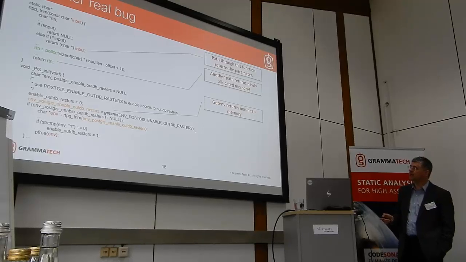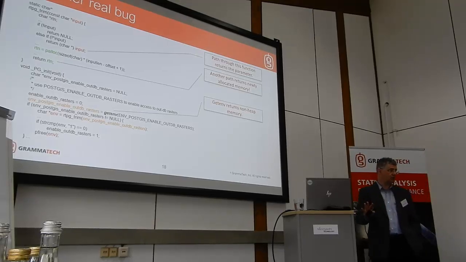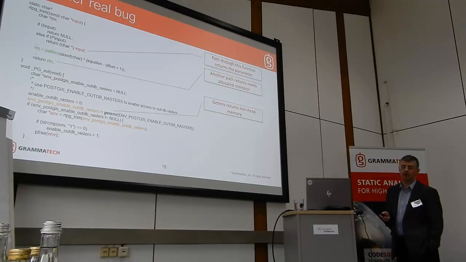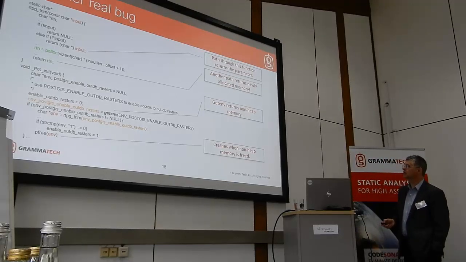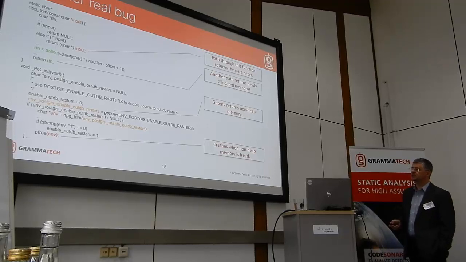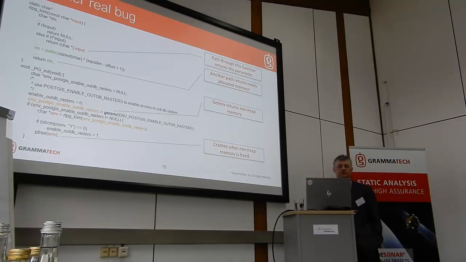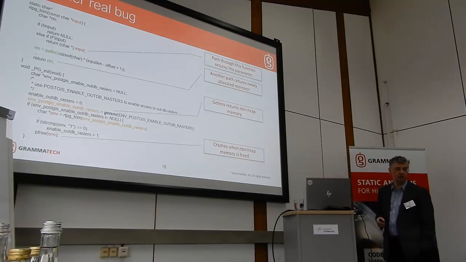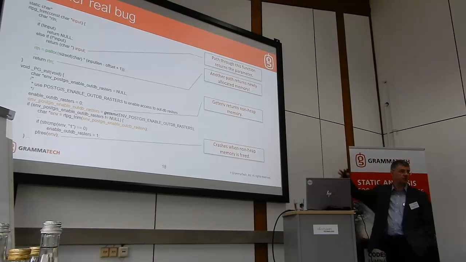So whatever came back from getenv, and that's not on the heap, is in some cases passed to pfree. So env is what comes back here, and pfree is being passed something that was definitely not on the heap. And this turns out to have caused a crash in this program if it was set up to execute that path.